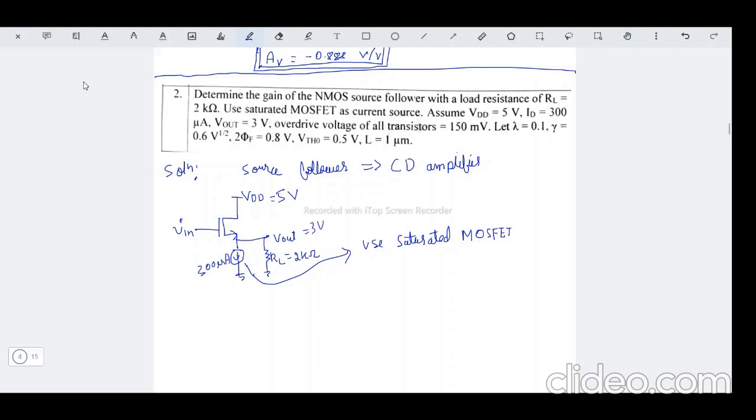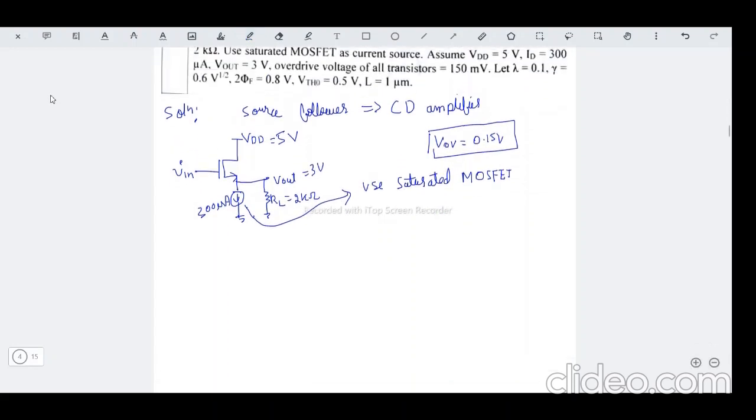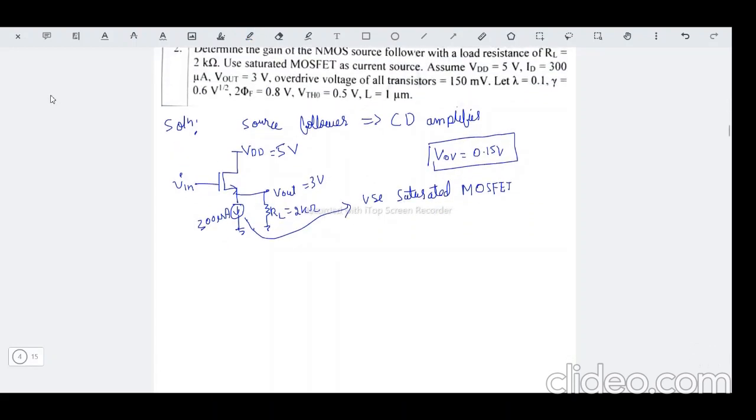Overdrive voltage of all the MOSFETs is 0.15 volts, and lambda is non-zero, which is 0.1. Lambda is 0.1, it is non-zero, this is channel length modulation effect.